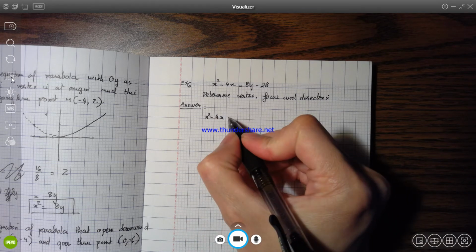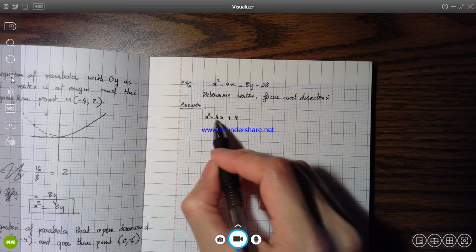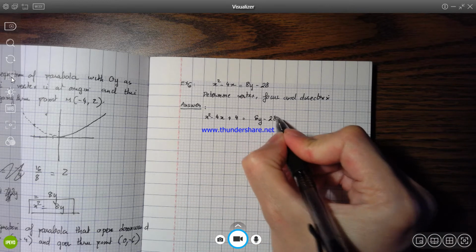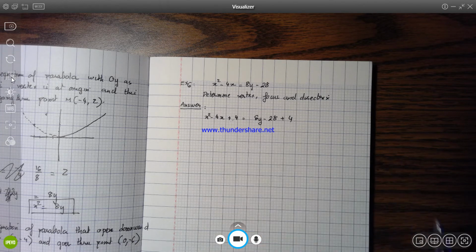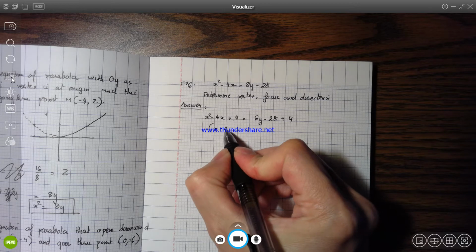This will give you 4, a step you already learned in college algebra. So you have to add 4 on this side also. I added 4 on both sides of the equation, then I will get a perfect square right here.